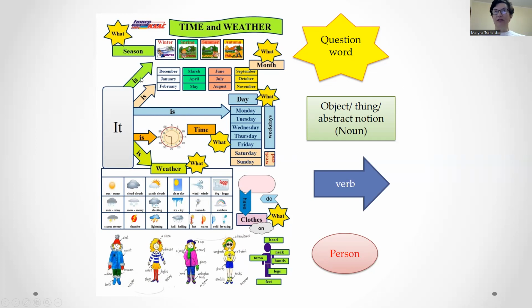The verbs, mostly we have the verb is, but also we will have the verbs have and do. They are used for talking about clothes, and we'll talk about a person. The oval will be here.